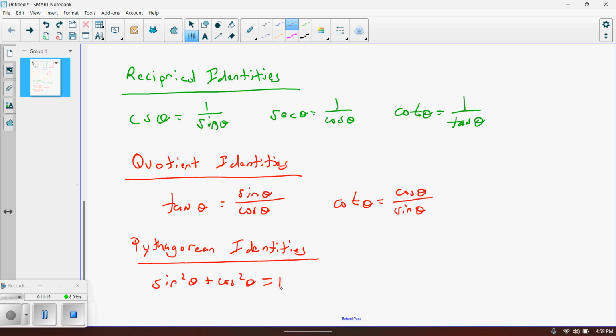That will always equal 1. The important thing there is that you notice that both of those are theta. They are the exact same angle. So if you take whatever the angle is that you're given, and you take the sine of that and square it, then you take the cosine of that and square it and add those two things together, you will always get 1. Okay, that's probably the most important of the Pythagorean identities.